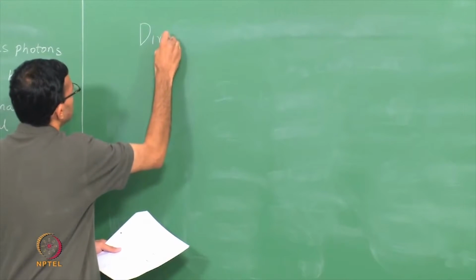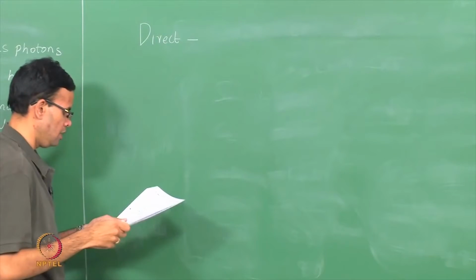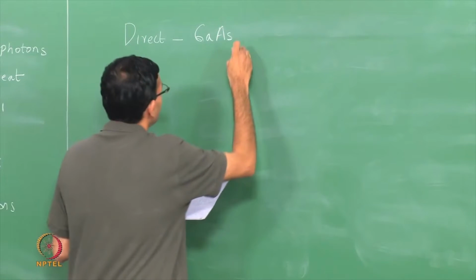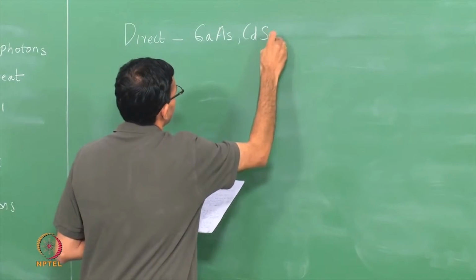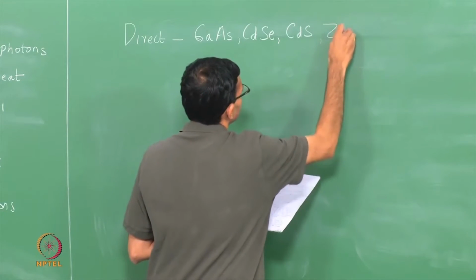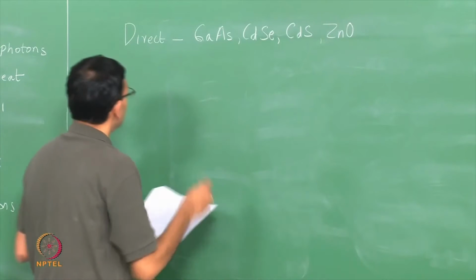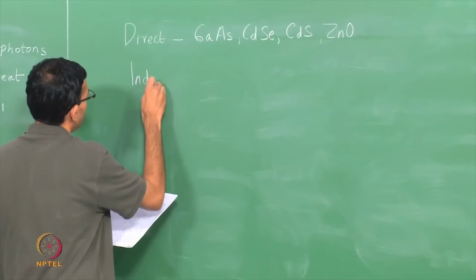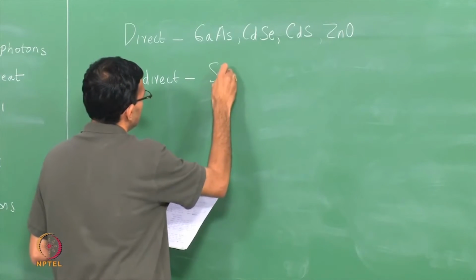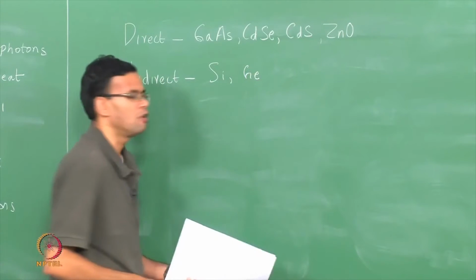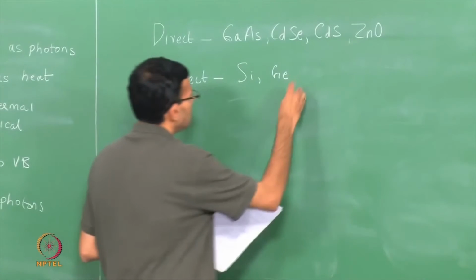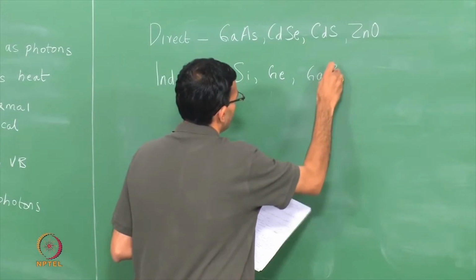In the case of direct, we have materials like gallium arsenide, cadmium selenide, cadmium sulfide. In the case of indirect band gap semiconductors, silicon and germanium, which are our two elemental semiconductors, are both indirect band gap semiconductors. Another example is gallium phosphide.